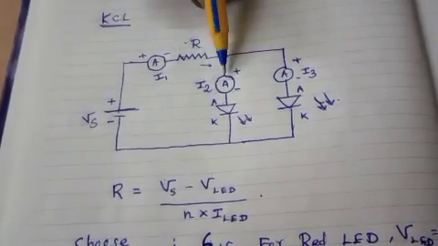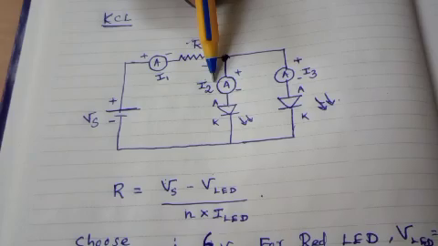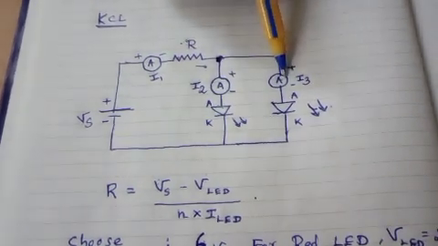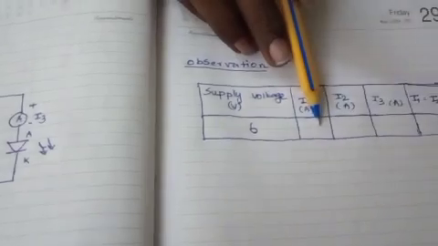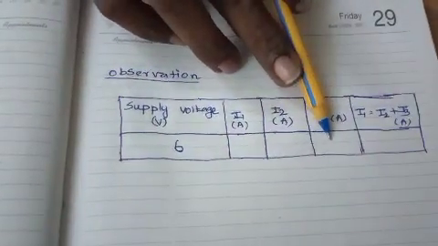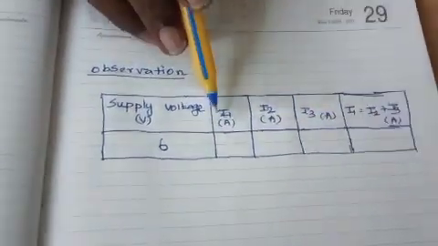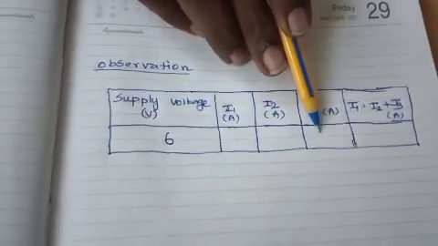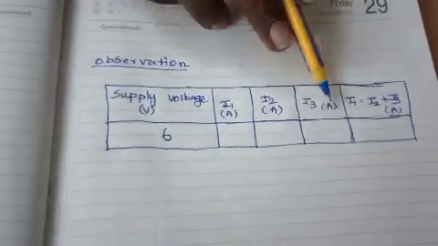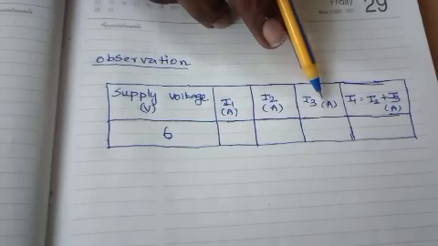That is ammeter 1, which is I1, ammeter 2, which is I2, and ammeter 3, which is I3. You note down this I1, I2, I3 in this table. Then finally we verify whether you are getting I1 equal to the summation of I2 plus I3. If it is so, then we can claim Kirchhoff current law is verified.